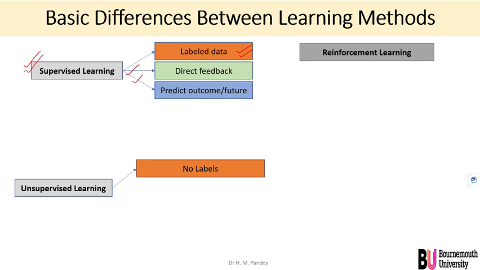In the case of unsupervised learning, there is no label on the data, and you will not get any feedback.